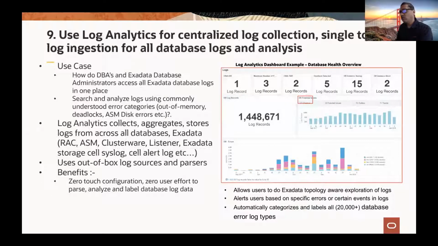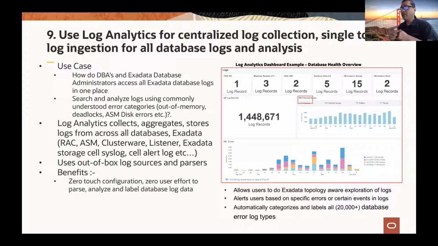The ninth one is a little different. That's basically using a logs approach to keep an eye on your errors, DB errors or storage errors, or even your application errors, or your syslogs. So our recommendation, my tip, is basically have a centralized location where there is automatic collection of these database logs and they are analyzed.